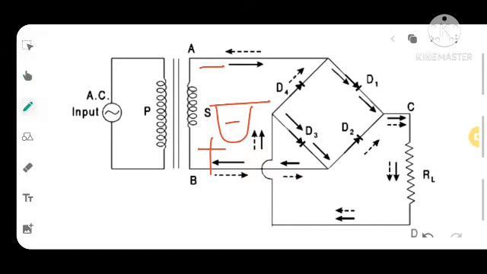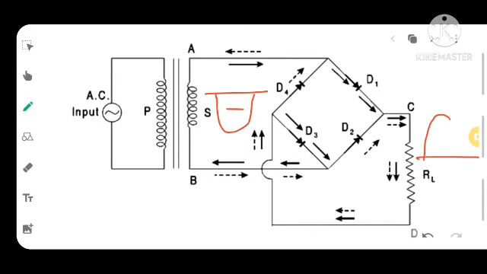Now, what will be the waveform across the RL? The voltage across this load will look like the input, but although we are talking about the negative half cycle, here the voltage waveform will be the positive one. Why? Because during both the positive cycle and the negative cycle, the current direction through the load is the same.